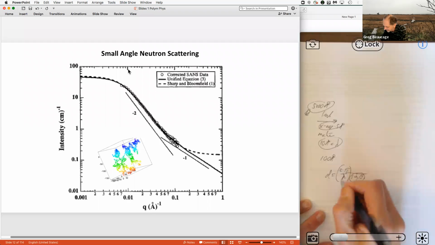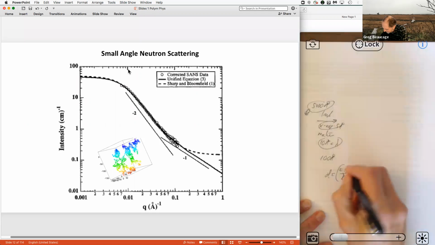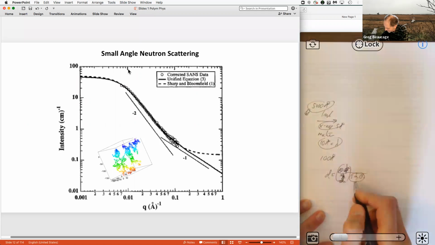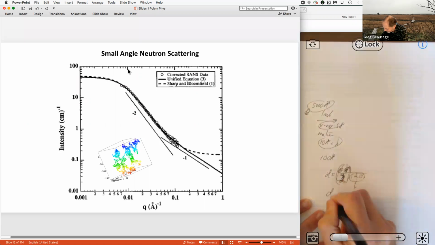So the smallest size you can measure is lambda over 2. Sorry, there's no pi in this. d is lambda by 2 sine theta, right? So half of lambda, sorry about that.